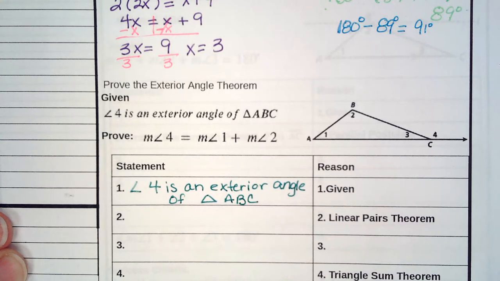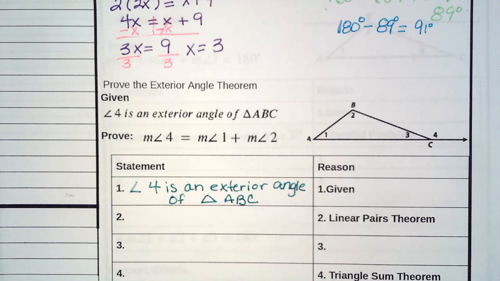Okay, now this one says we're going to use the linear pairs theorem. What does a linear pair mean? A linear pair means that they are supplementary.